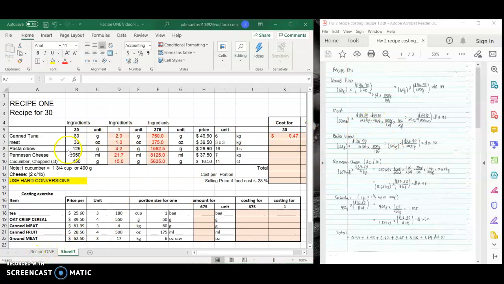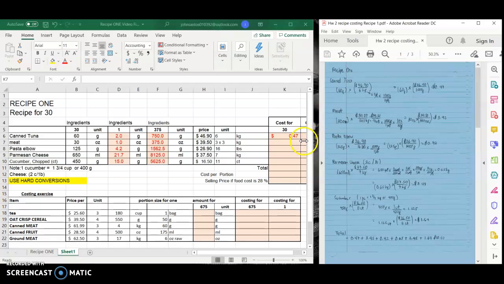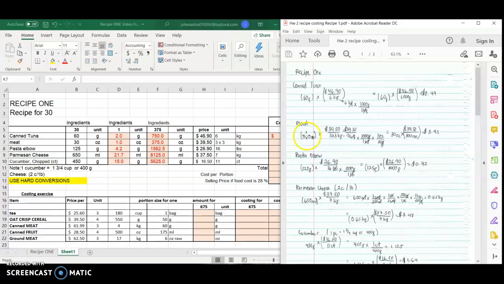Next is the meat. We have 30 ounces, so we write 30 ounces right here, multiplied by $39.50, divided by 3 by 3 kilograms. We pretty much assume that will be equal to 9 kilograms, which I put right here. Again, we have to make sure that we have the same unit. For this one we have a unit of ounces and a unit of kilograms, so I converted the kilograms to ounces.